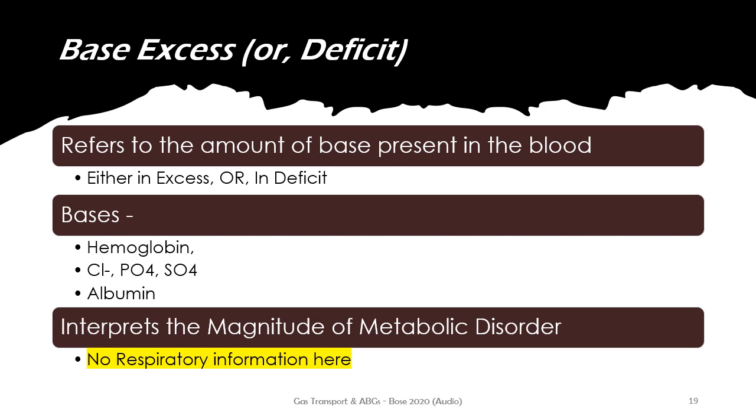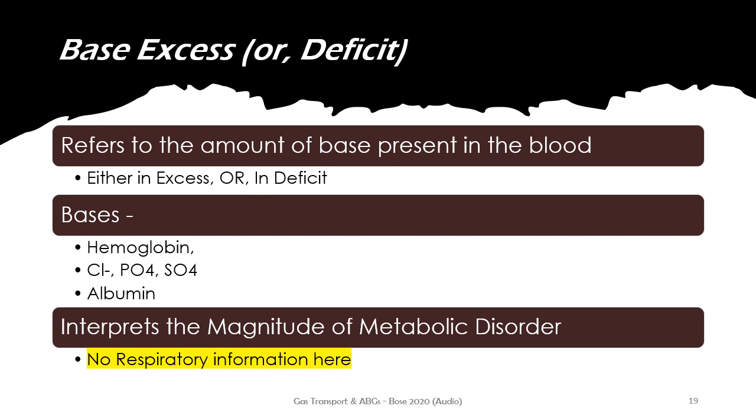Remember, one last thing. Base excess or deficit reflects the magnitude, that is, how bad is the state of the metabolic disorder. It does not reflect the respiratory disorders. So an abnormal base excess report is reflective at least a component of metabolic acidosis or alkalosis.